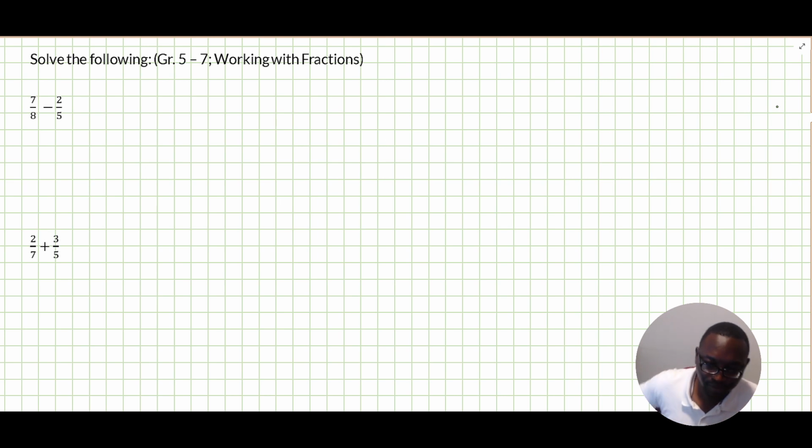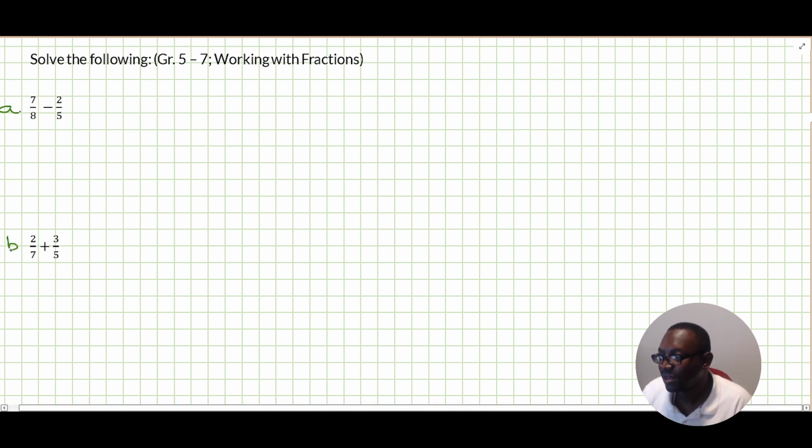Okay, I see that there are two questions here. Let's call this question A and then make this B. So if you're trying to write your answers, you can have A and B in your answers to show which one you're solving.